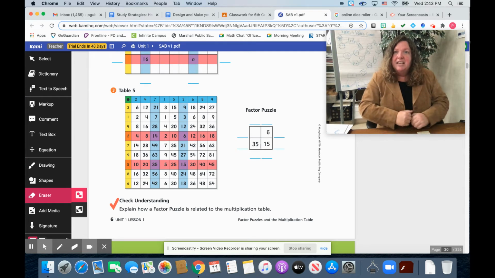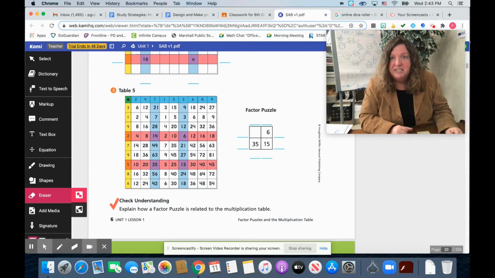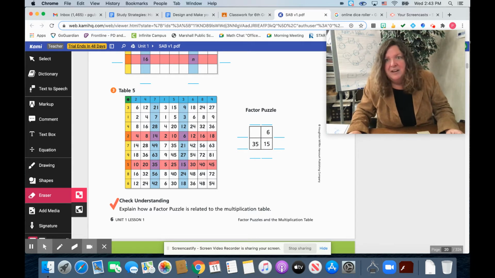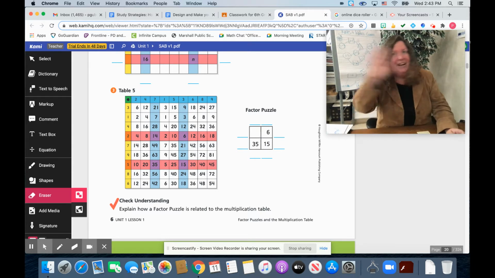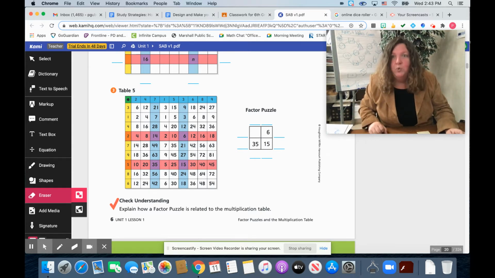So how we know if it's something that we still need more practice on: maybe you got it right the first time, but now you don't know how to do it. You've forgotten. And you won't know that if you just copy down what you've got on your paper. So instead, even though mine is not filled out here, if yours is filled out, you're not just going to copy your answer down. You're going to resolve the problem on a different piece of paper.